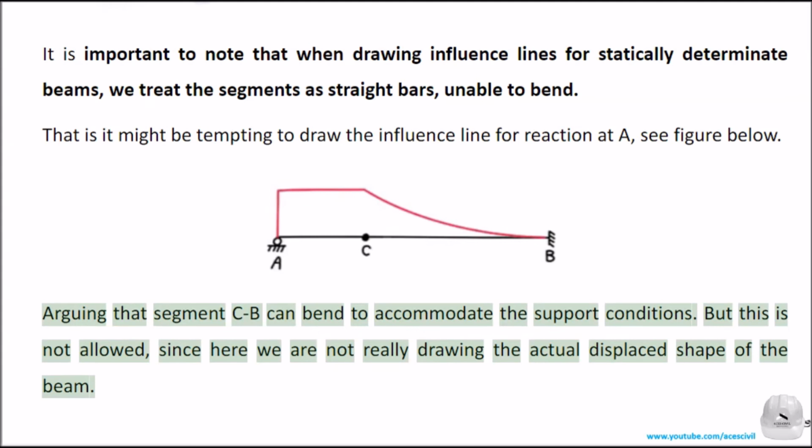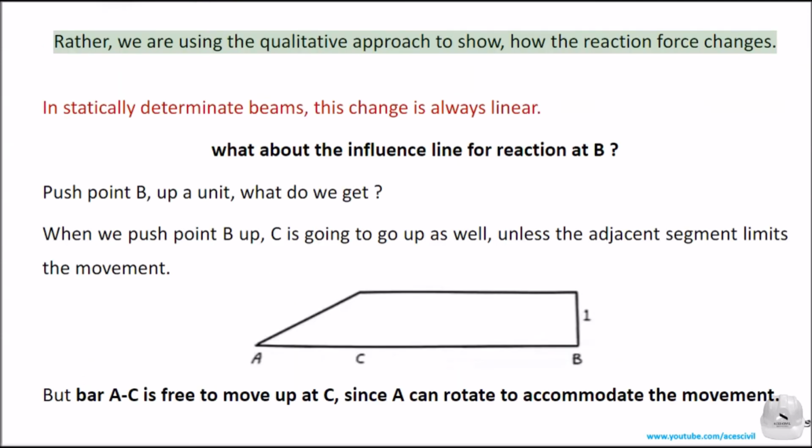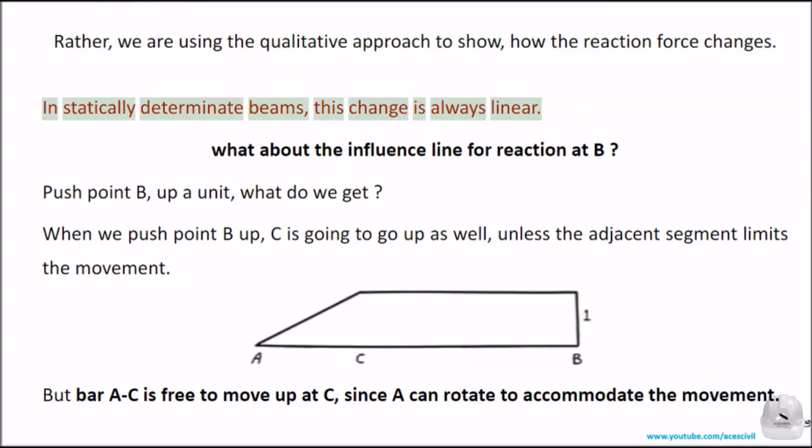But this is not allowed, since here we are not really drawing the actual displaced shape of the beam. Rather, we are using the qualitative approach to show how the reaction force changes. In statically determinate beams, this change is always linear.